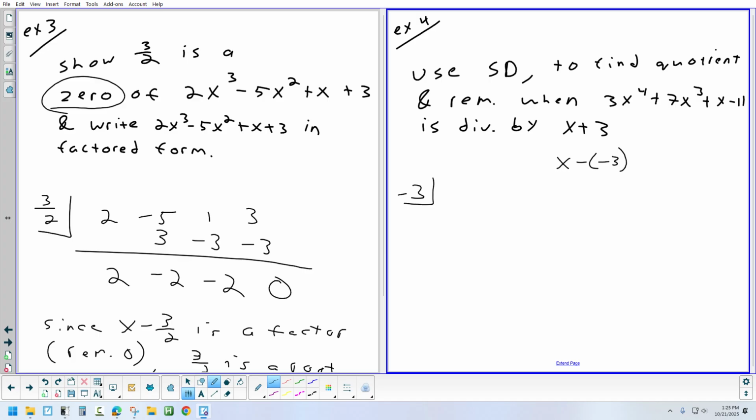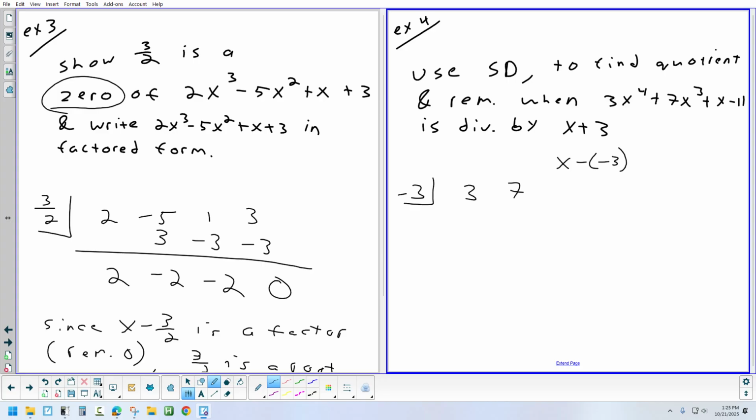What about my numbers on the inside? I'll give you a hint: you need to be careful on this one. Okay, that's my first number, 7. Negative 11 is going to be in there, but that's going to be the last one.